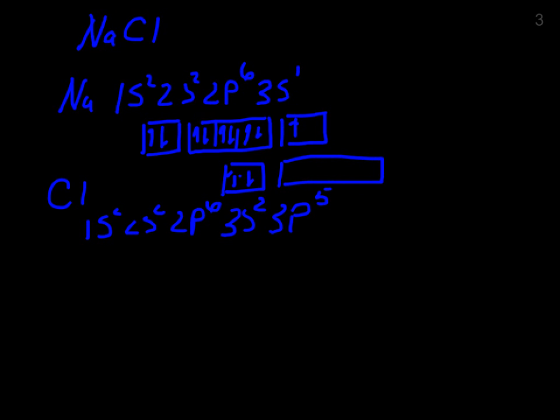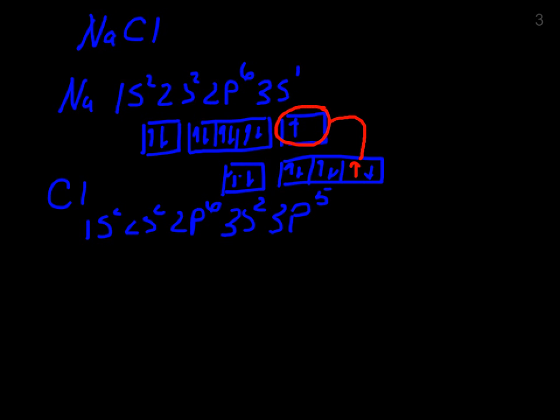The p would have 1, 2, 3, 4, 5, and I'm going to draw that down just to show you what's going to happen. 5 electrons.